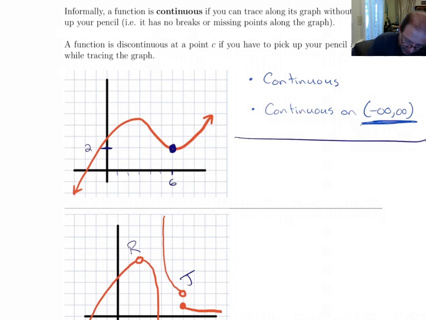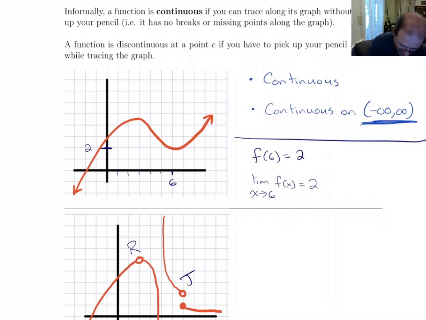So I can come up here and say f of 6 is 2. I'm going to erase this dot. f of 6 is 2, and the limit as x approaches 6 of this function is also 2.